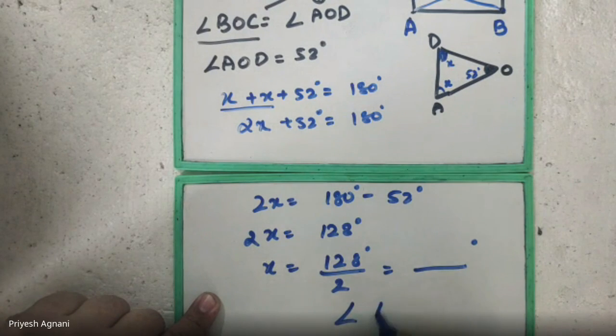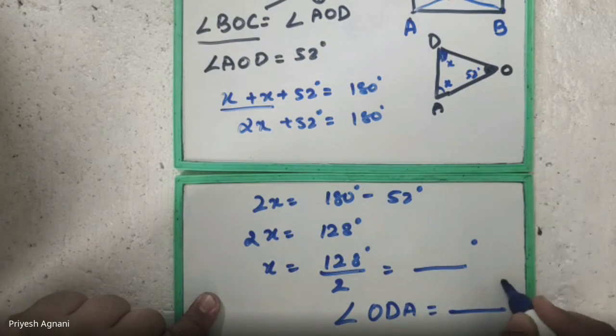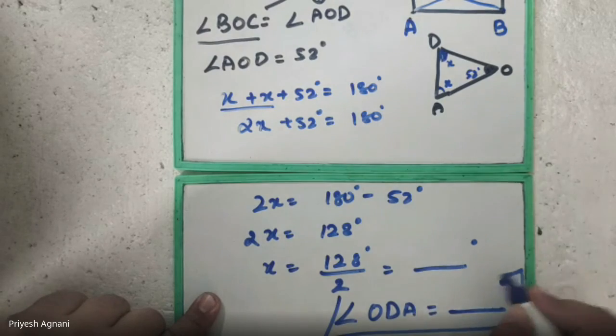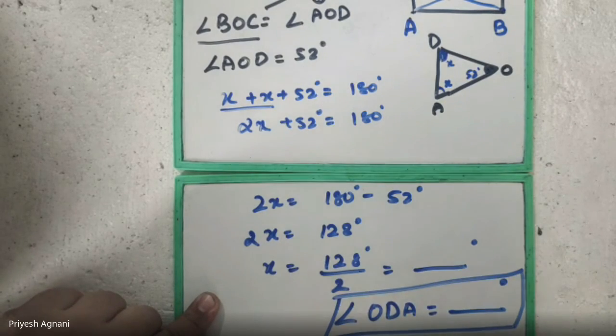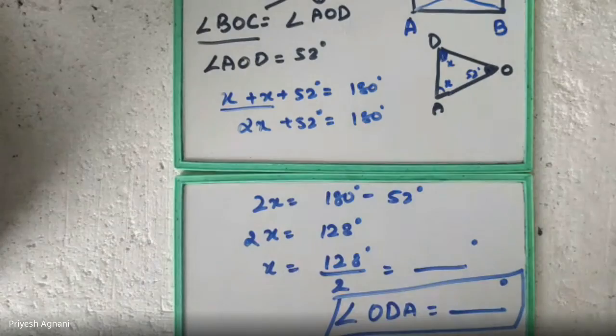So angle OBA is equal to dash degree. ये आपका हो जाएगा आंसर. Please write the answer in the chat box, everyone.